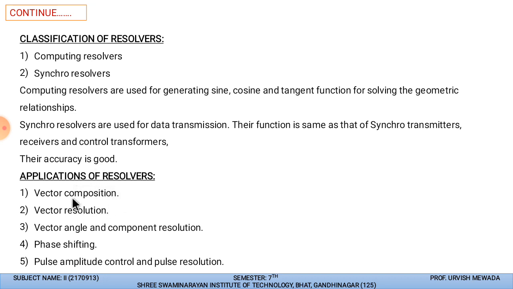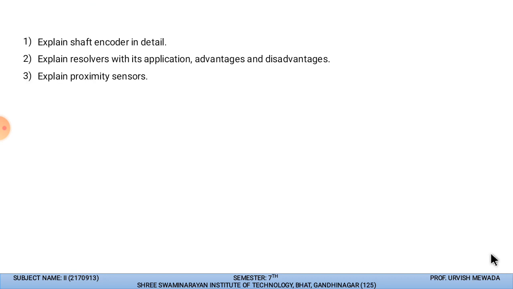So we get these three applications using the arrangement of the winding. The fourth one is phase shifting, and the fifth is pulse amplitude control and pulse resolution. So these are the applications of the resolver.